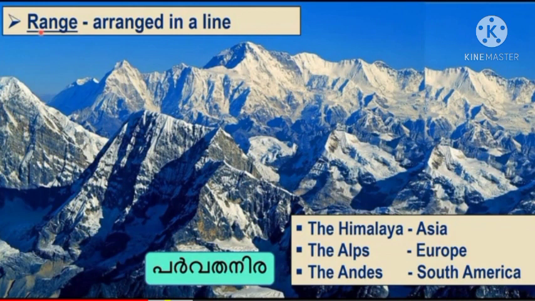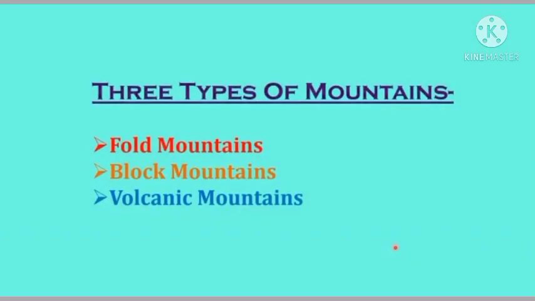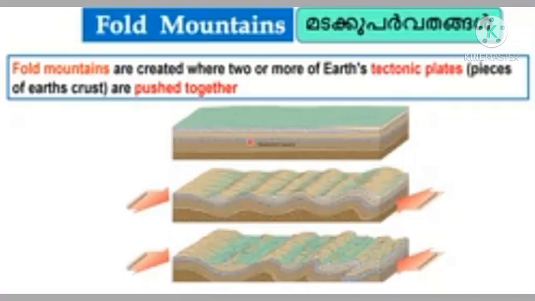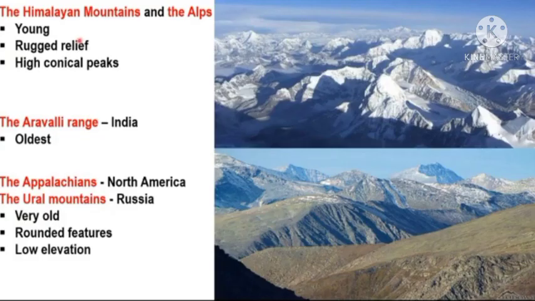The Himalayas, the Alps, and the Andes are mountain ranges of Asia, Europe, and South America respectively. Mountains vary in their heights and shapes. There are three types of mountains: fold mountains, block mountains, and volcanic mountains. The Himalayan mountains and the Alps are young fold mountains with rugged relief and high conical peaks.